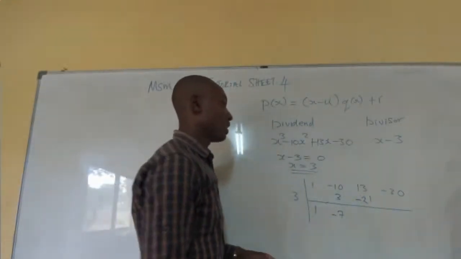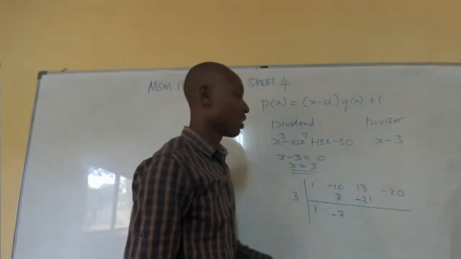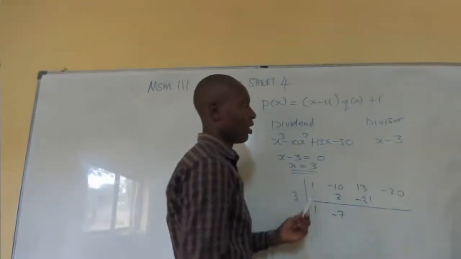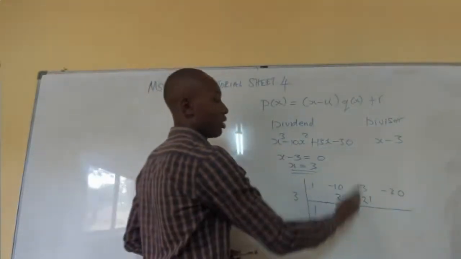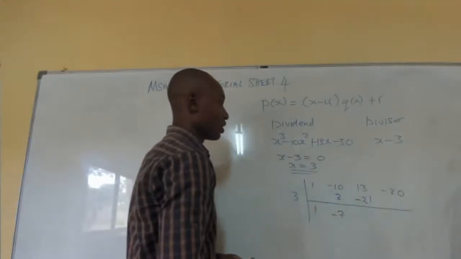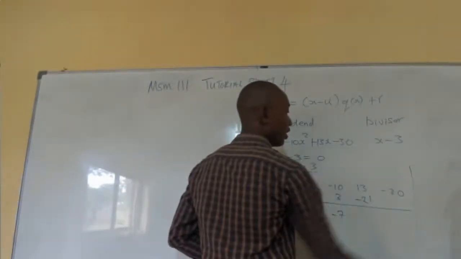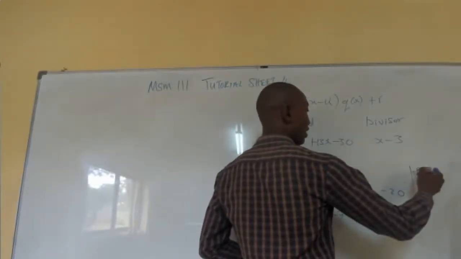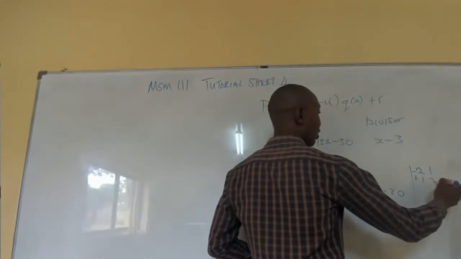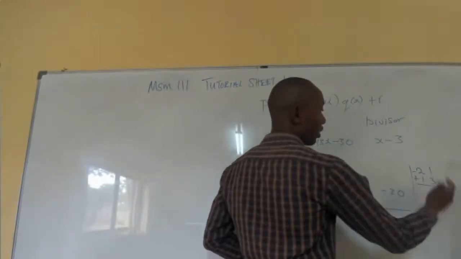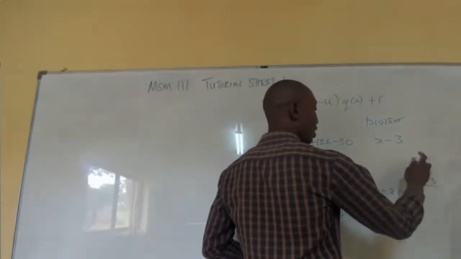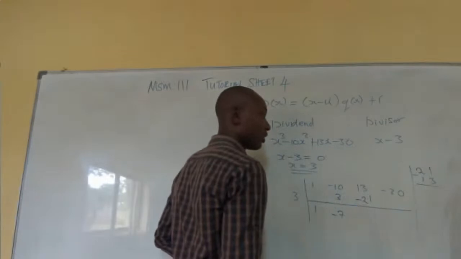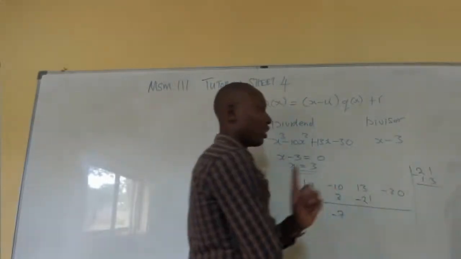Now, what is negative 21 plus 13? Since these have opposite signs, I can say this is the subtraction 21 minus 13, because they're going in opposite directions.